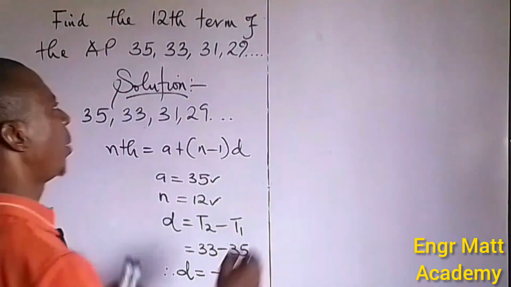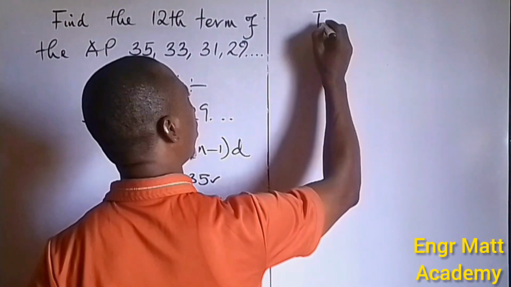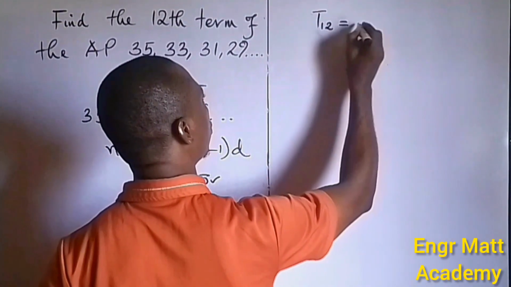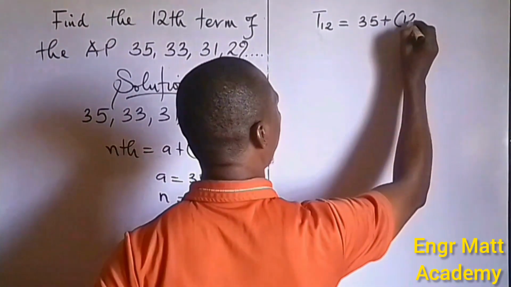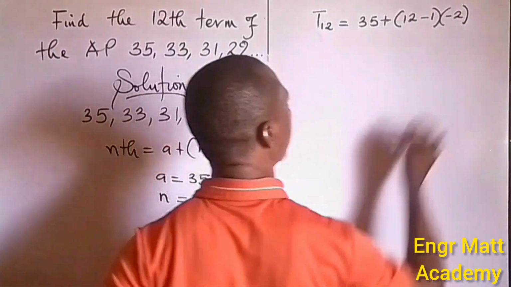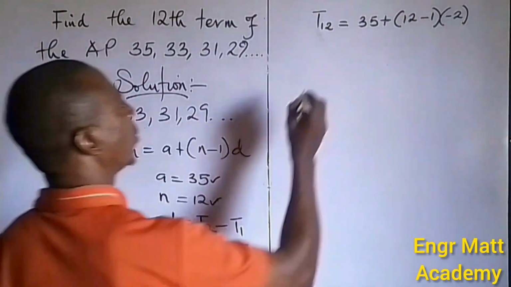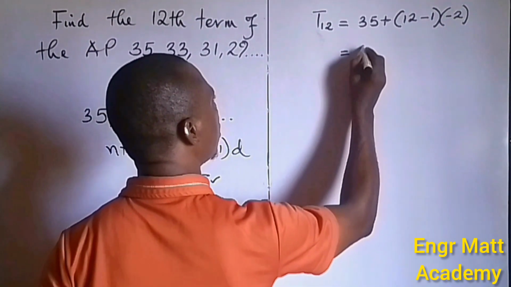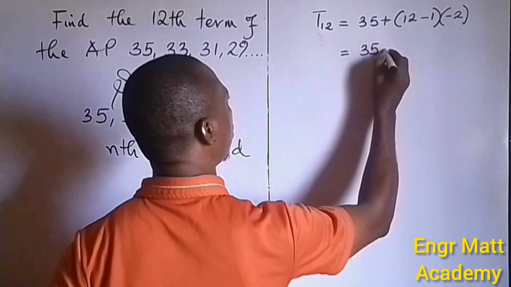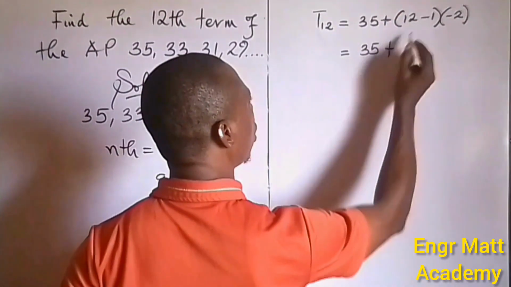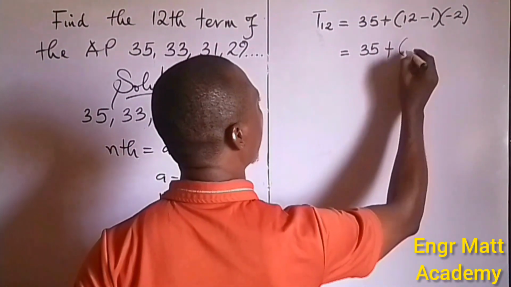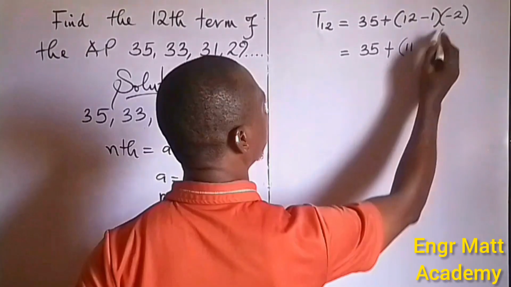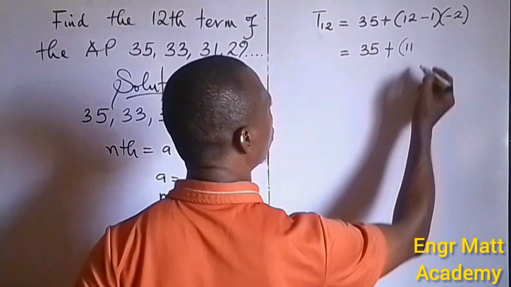So the nth term, which is the 12th term, is equal to 35 plus 12 minus 1 times minus 2. This will be 35 plus, always resolve the brackets, 12 minus 1 is 11, then times minus 2.